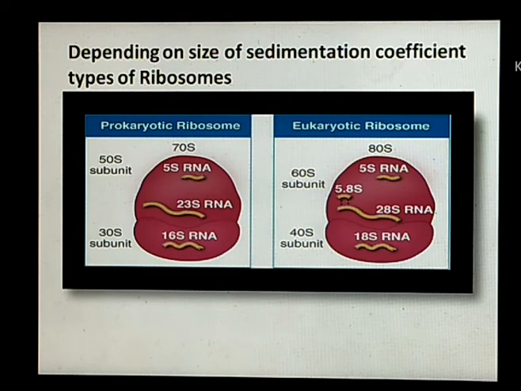The 80S eukaryotic ribosome has a larger subunit of 60 Svedberg units and a smaller subunit of 40 Svedberg units, and together the sedimentation coefficient is 80S.